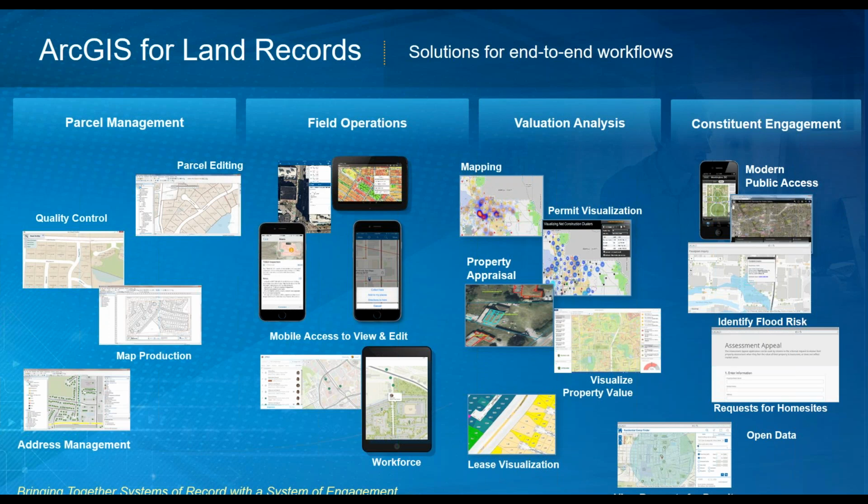And then constituent engagement is a new piece of the puzzle, taking that information and making it available to your tribal members, maybe to your tribal council, to the citizens of the reservation. So the solutions you're going to see, or that are available, cover each phase of the land records workflow.